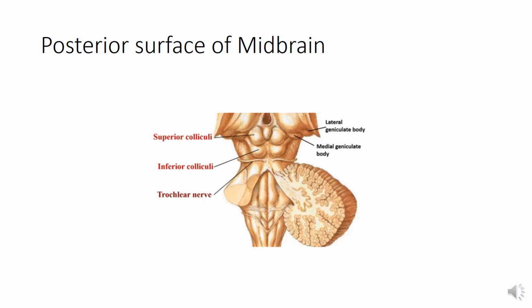The superior colliculi are the centers for visual reflexes, and the inferior colliculi are lower auditory centers. The superior colliculi are related to the visual centers, while the inferior colliculi are related to the auditory centers.